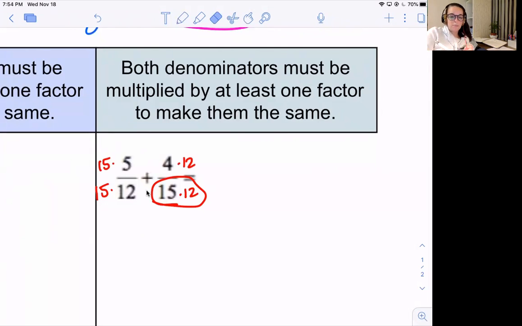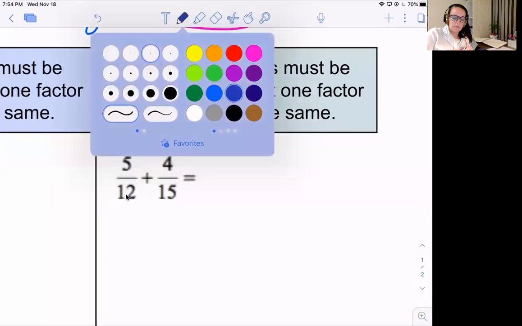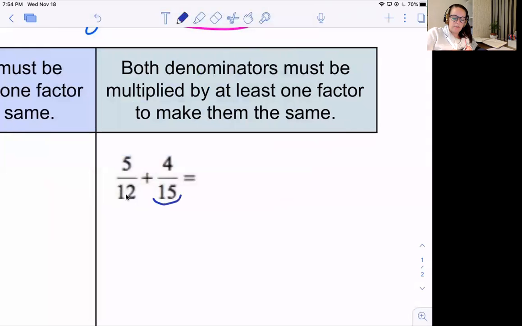What might be simpler and what you might have learned in the past is to think of a number, a bigger number that both of these could go into. So our least common multiple is what we call that, like in official math words. I know that 15 times 4 would give me 60, and 12 times 5 would also give me 60.